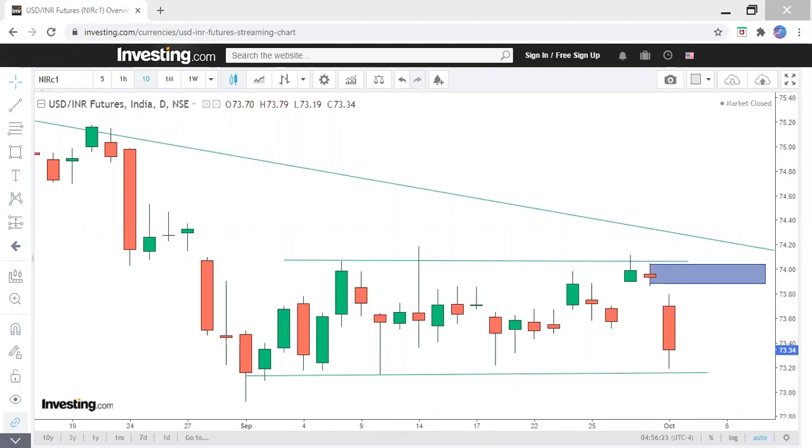So the straddle of 74: the 74 put has 70 paisa VWAP, and the 74 call has 26 paisa VWAP. That means a total of 96 paisa VWAP at 74. So 96 plus or minus around 74, like 73 on the downside and 75 on the higher side, this value will act as good support and resistance.